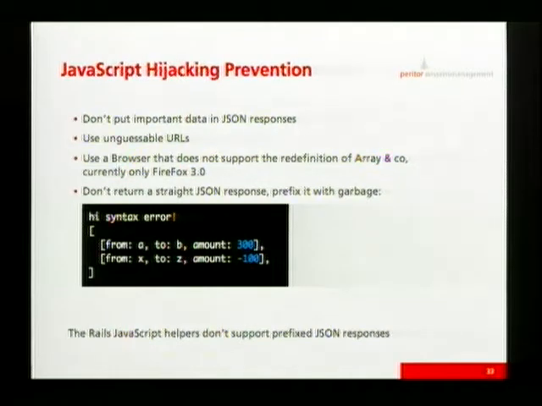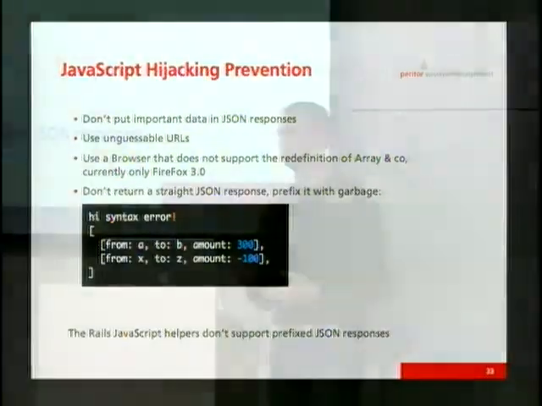You can do this because your JavaScript is executing in the same context as the original site, so the cross-domain restrictions don't catch you here. So basically, you don't just eval the response, but you remove the first, in this case, 10 characters, and then you eval the response. The problem is that the current Rails helpers are not fit to do this, so you have to do all this by yourself.